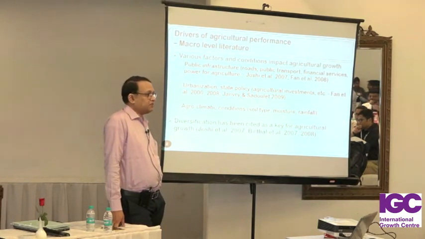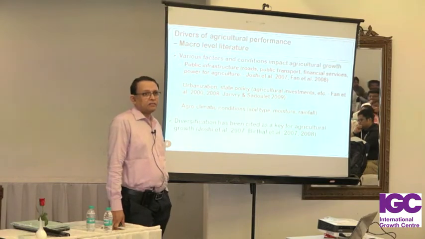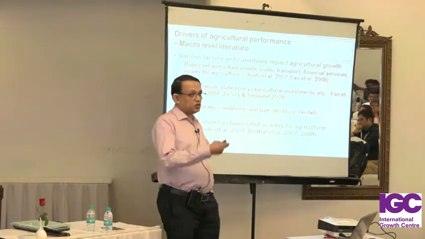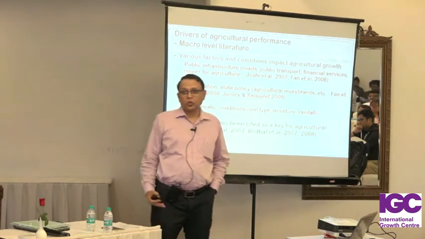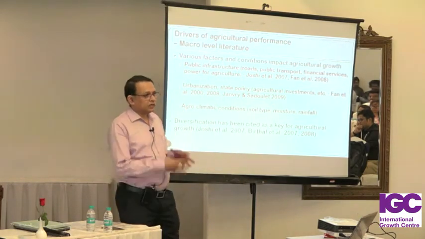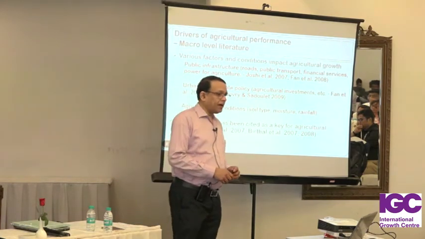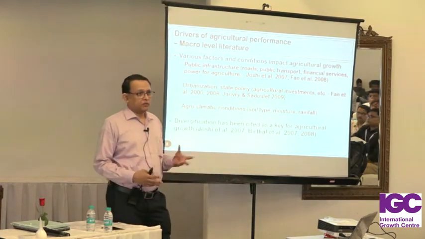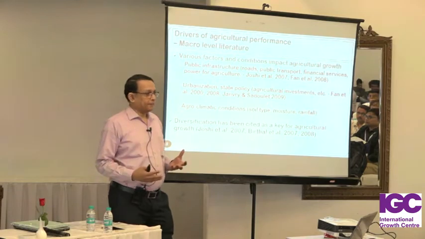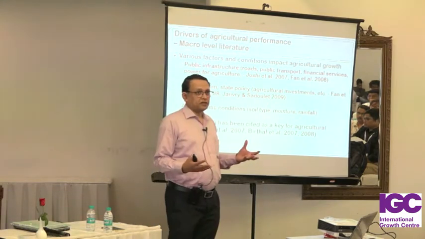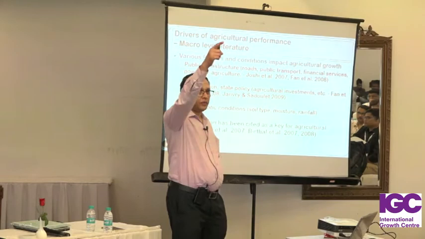Okay, investments in markets and marketing yards, storage facilities and so on, cold chains. These are all things in which investments are required for agricultural growth, and you would find that there is substantial variation across states.